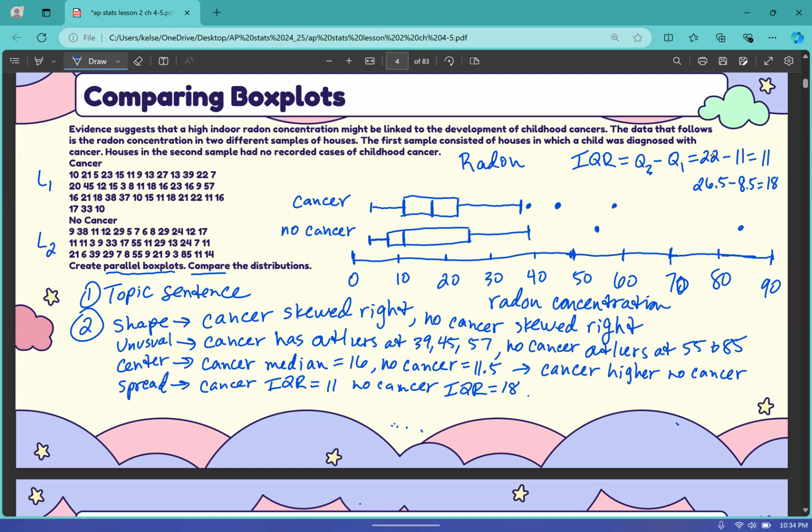And again, we can see the cancer IQR is lower than the no cancer. Since our IQR is smaller, that means our data is more compact, less spread out. Essentially that's what you would go through and do for this. And always when you're doing comparative plots, do them vertically so you can better see how their centers and spreads line up with each other.